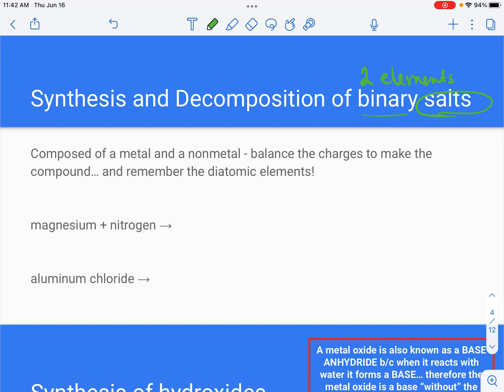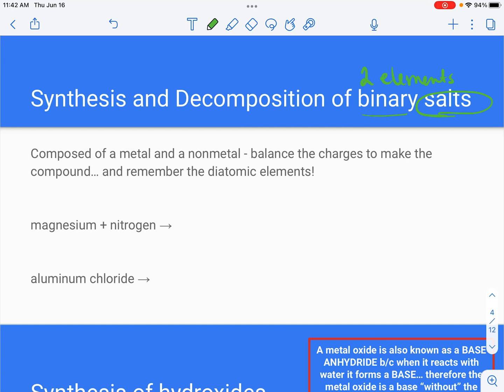So nitrogen, oxygen, fluorine, chlorine, bromine, iodine, perhaps hydrogen, all of those may show up in these reactions, and you have to remember that they are diatomic. You also want to remember that sulfur is S8 and phosphorus is P4, so these things are going to come into play. When you have a metal and a non-metal that you're putting together or taking apart, those are the things that you have to remember.